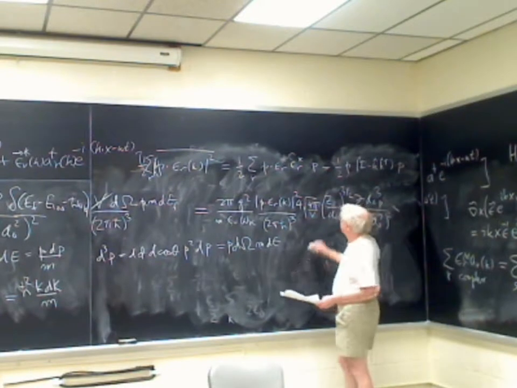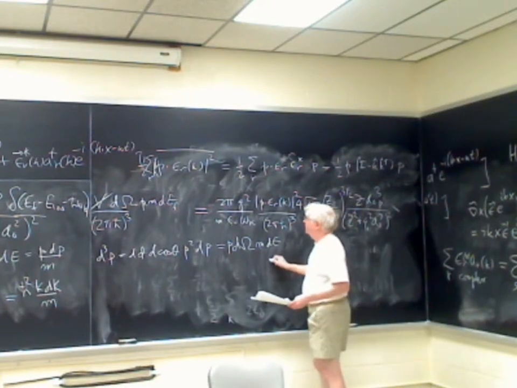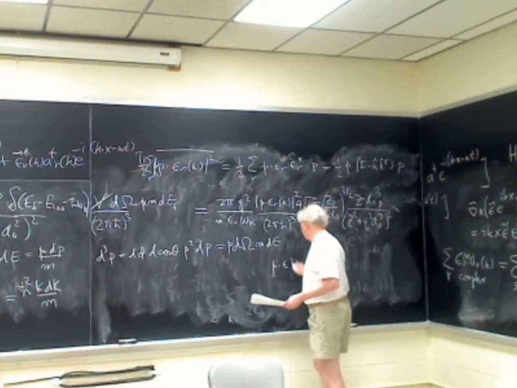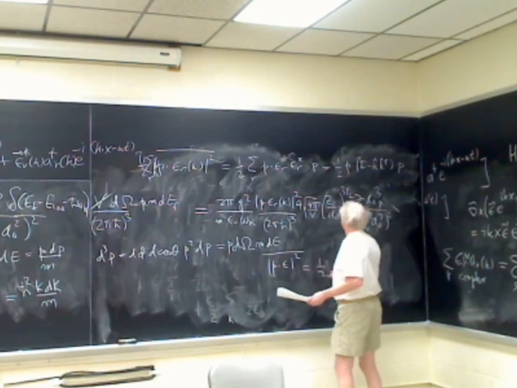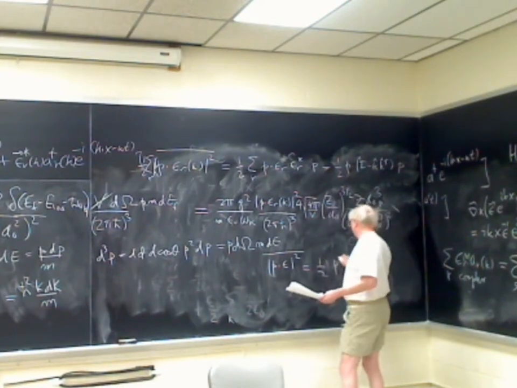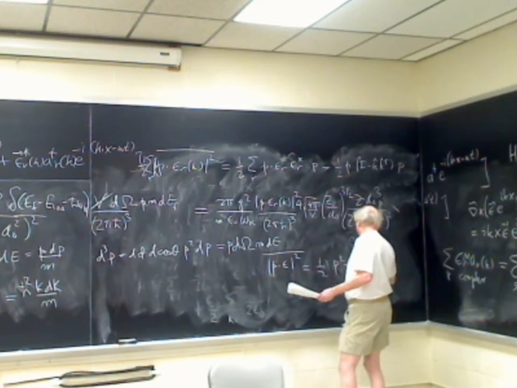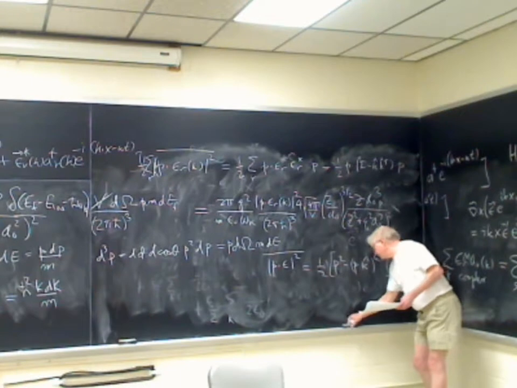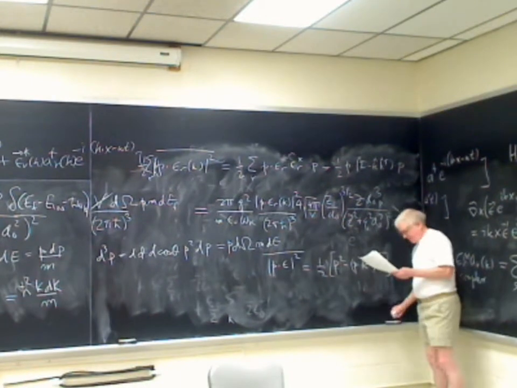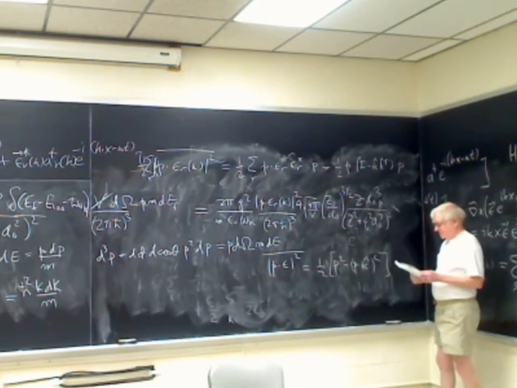And so that is to say P dot epsilon squared, averaged over initial polarizations then, is 1/2 (P squared minus (P dot K hat) squared). And if you think of, so let's get the angles right.